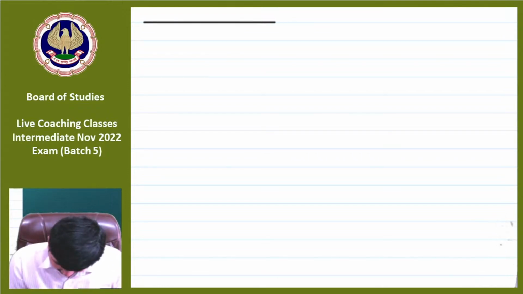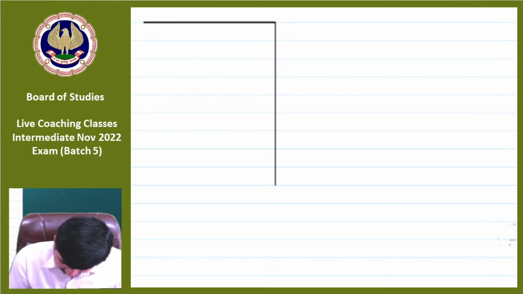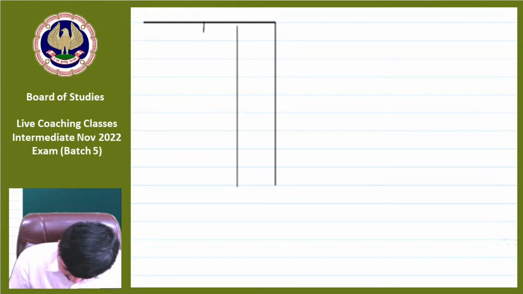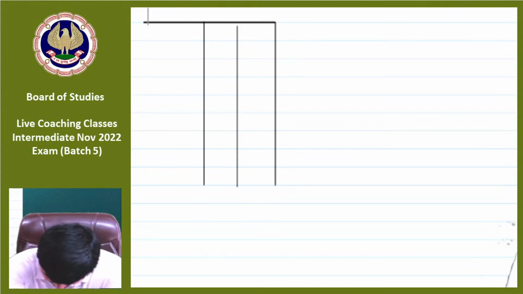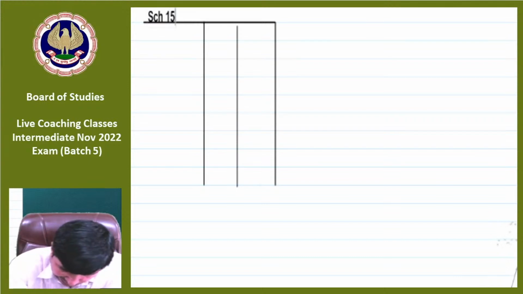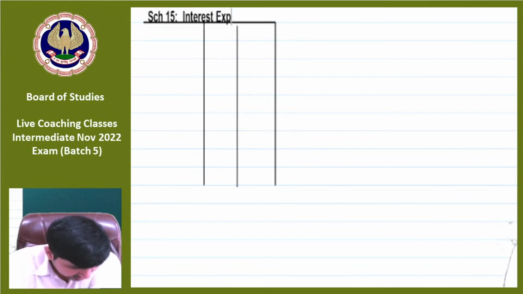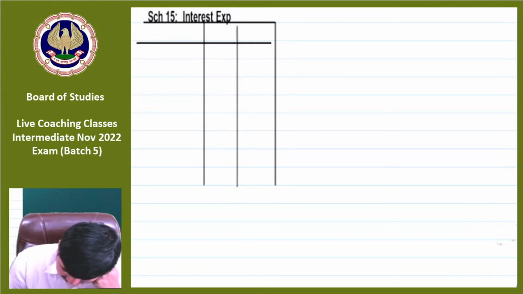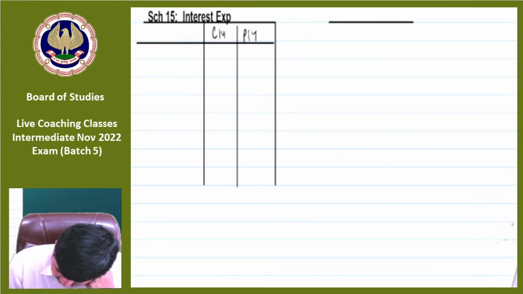Schedule number 15. Interest expense. Okay, not one, two items are there. Anyways, current year, then previous year.